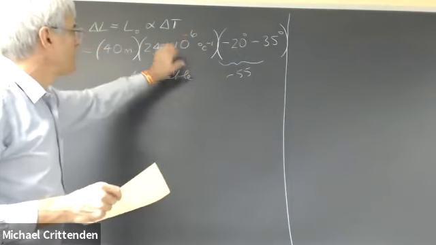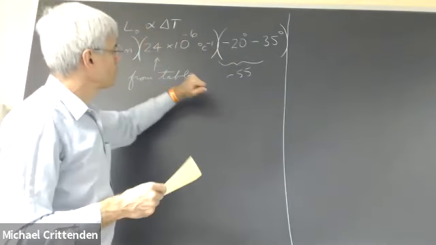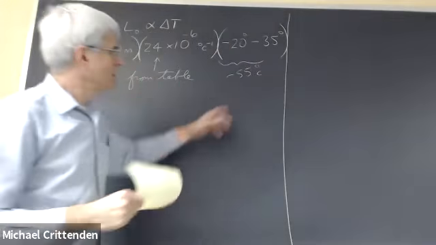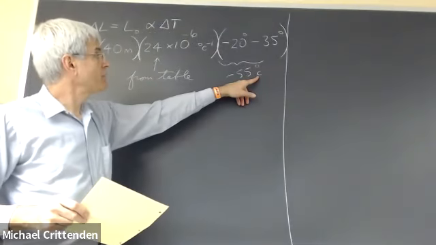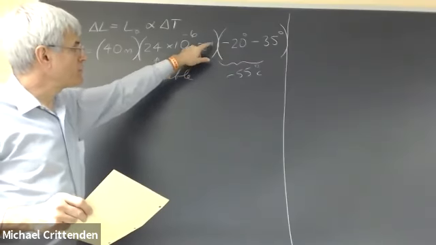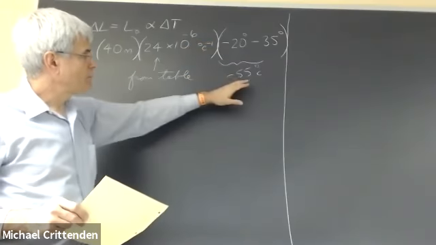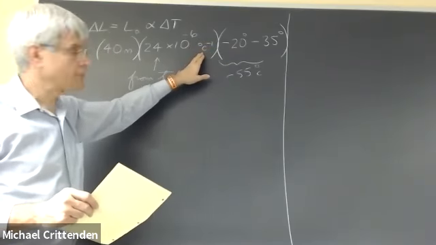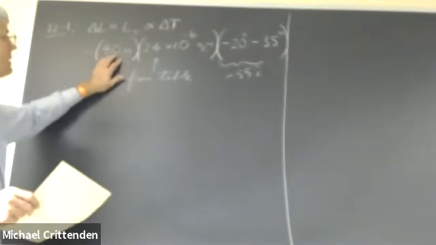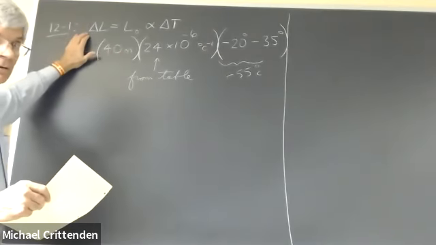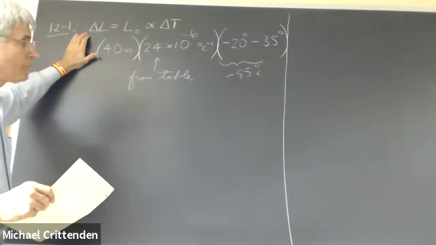So that times that, oh, and the way the units work out. Delta T is in degrees. The unit on alpha is degrees to the -1 power. So degrees divided by degrees cancels out. And whatever unit is on L0, that's going to be the unit that you get on delta L also.